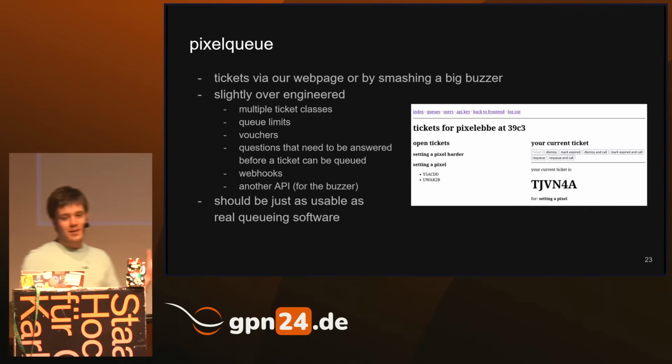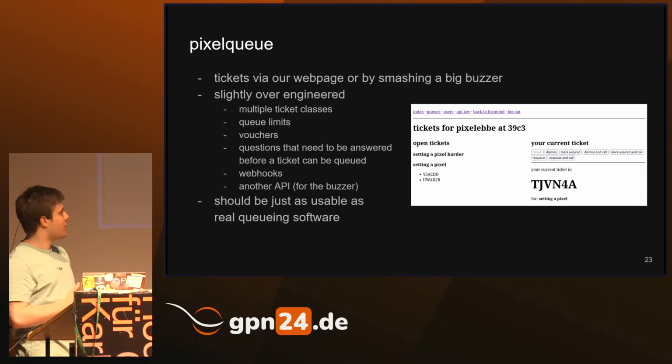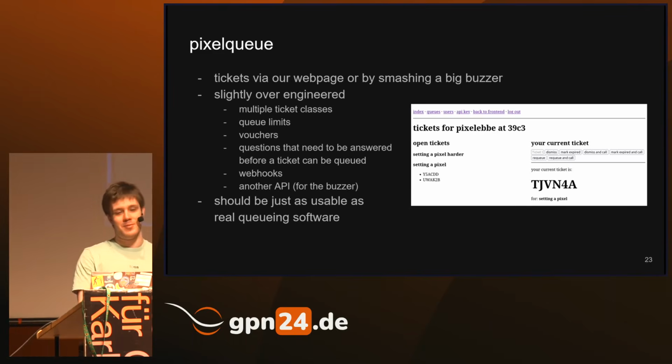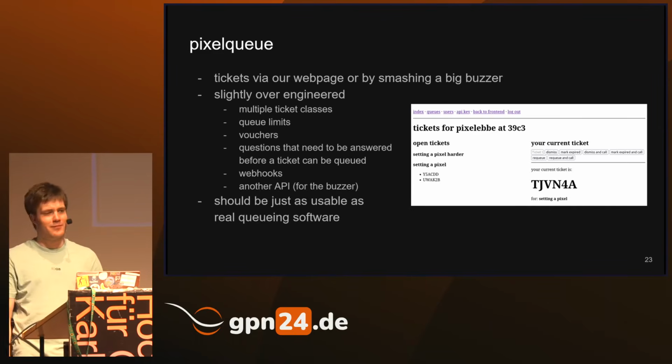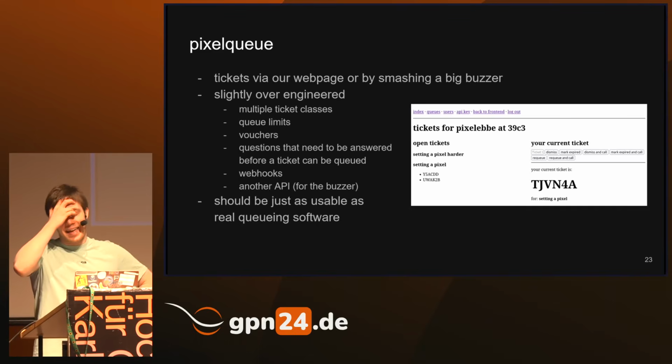You can create tickets, is what they're called internally, either going on our webpage or smashing this big green buzzer that we bought for that. It was way more fun, although it made a very annoying sound. Which was intentional.